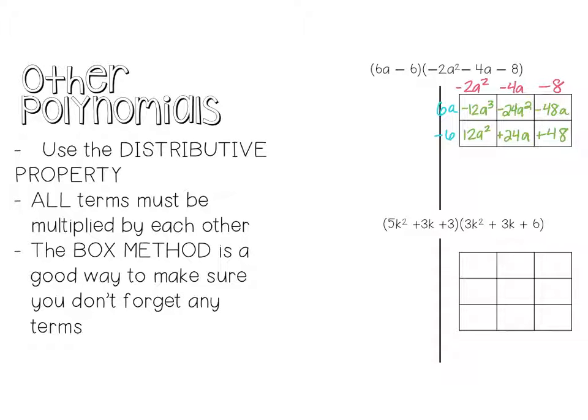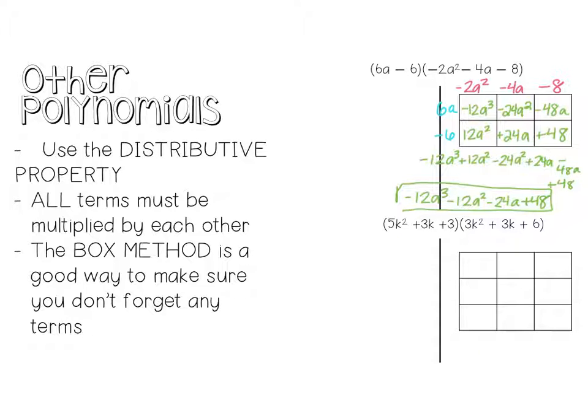So I can write that out as negative 12a cubed plus 12a squared minus 24a squared plus 24a minus 48a plus 48. And when I combine my like terms, I get negative 12a cubed minus 12a squared minus 24a plus 48. And that would be my final answer.